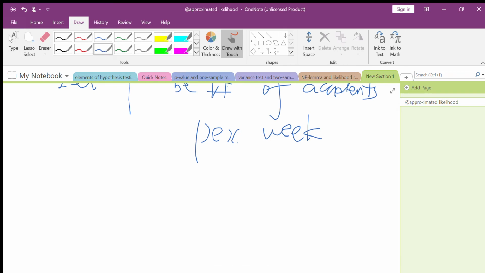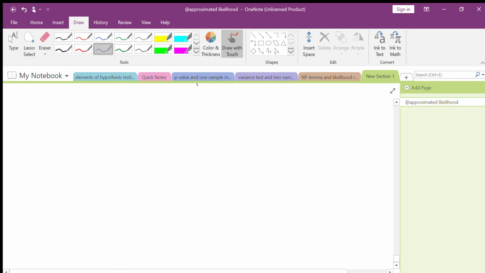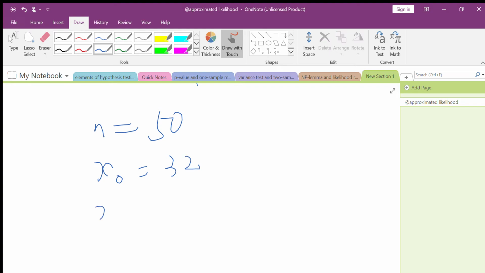So let me give you some specific values. The number of weeks, small n, is 50, and one realization of the number of weeks with 0 accidents is 32, the number of weeks with 1 accident, the realization is 12, and the number of weeks having 2 or more accidents, the realization small x2 is 6.